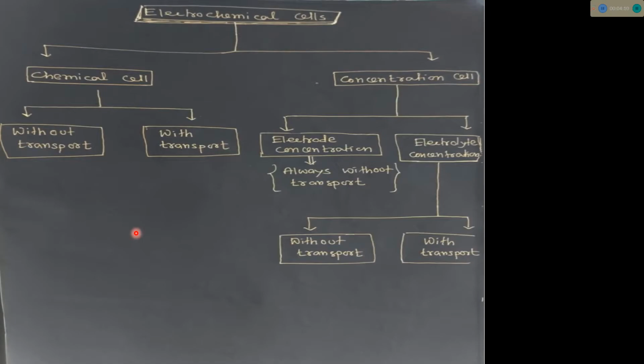If we want to discuss the details, it will take lots of time. So we will upload a special video for transport and without transport, and how to calculate the cell potential for that kind of cell. Now for this question we have to consider the concentration cells of the category of electrolyte concentration.